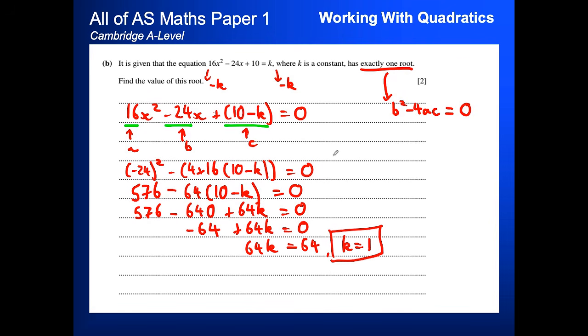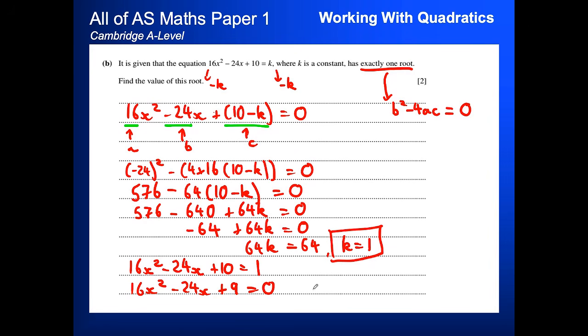However, this is not our final answer, so just be very careful with that. So notice if k is equal to 1, and we put it back in our normal quadratic, we get 16x squared minus 24x plus 10 is equal to 1. Therefore, 16x squared minus 24x plus 9, minusing 1 from both sides, is equal to 0.